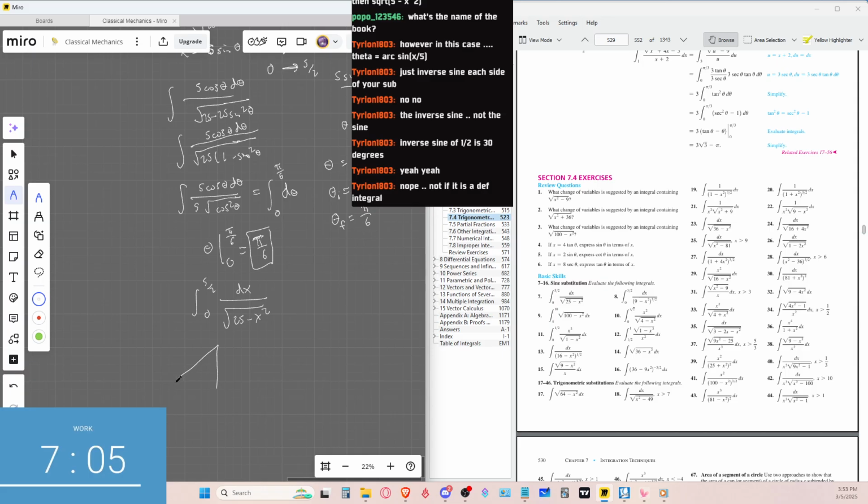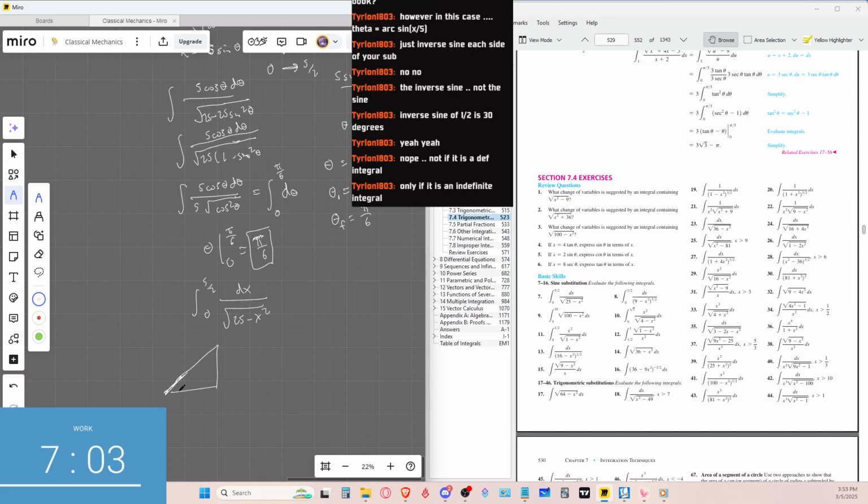And if we draw a triangle like this, this would be theta, and the hypotenuse would be this.